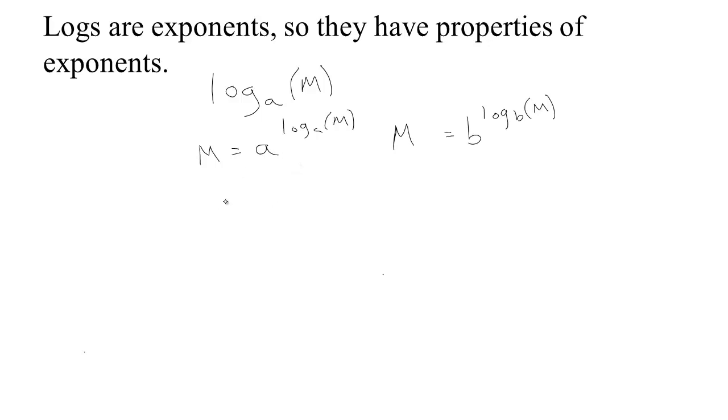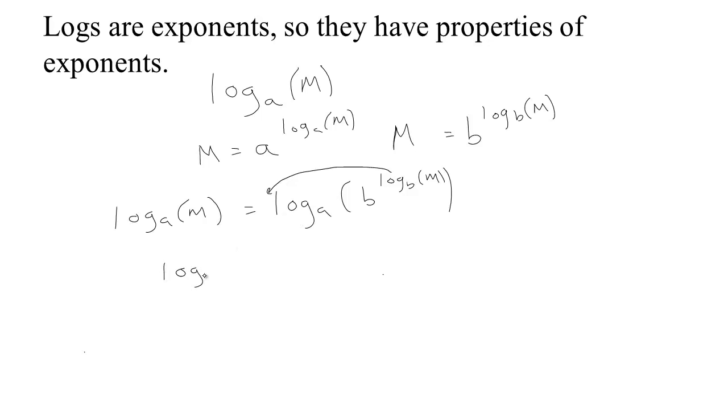So let's do this. We're going to say that we could have the log base a of m, but that would be the log base a of b to the log base b of m. Now from our power rule, we know that when you have the log, it doesn't matter what the base is, of some number to a power, that power can come down in front. So we get this, the log base a of m is equal to the log base b of m times the log base a of b.